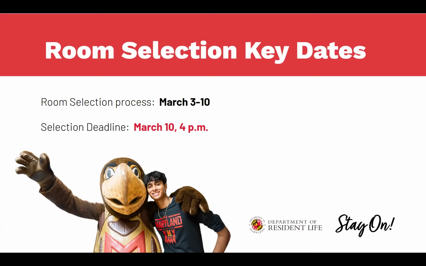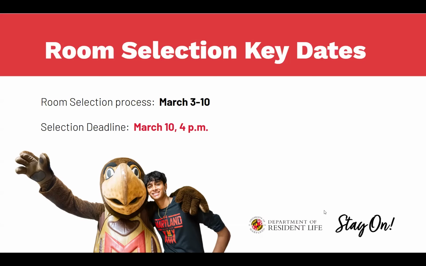That is absolutely critical because if you do not select a space by March 10th at 4 o'clock, this will result in cancellation of your housing and dining agreement, meaning that you will not have the opportunity to have a space for the upcoming academic year.